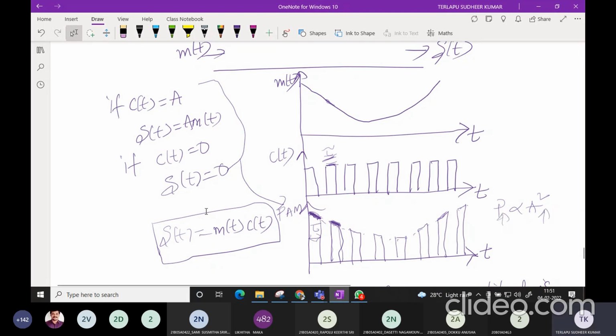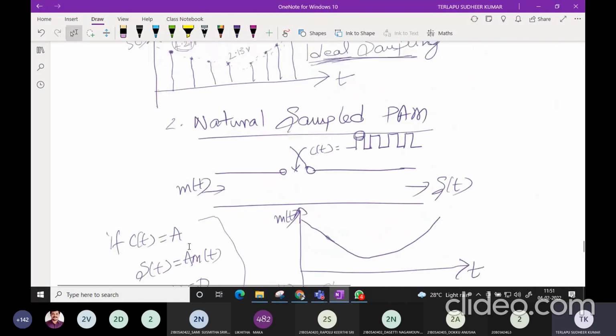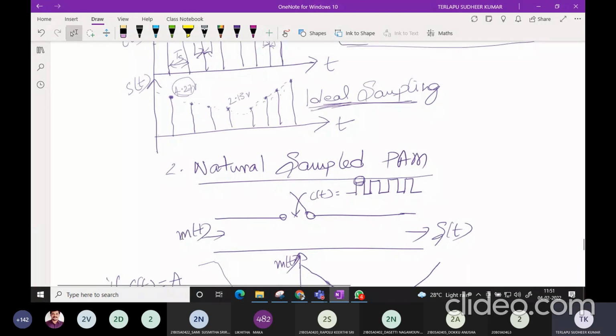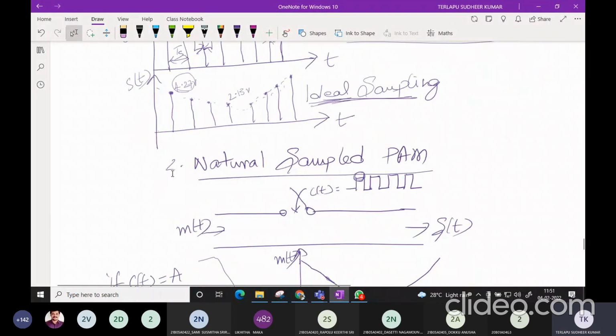So during that interval, because the top of the pulse is not constant, my PT is going to change. This is the difference between the ideal and natural. Because here I have only one value, during that interval only that fixed value of power will be transmitted.